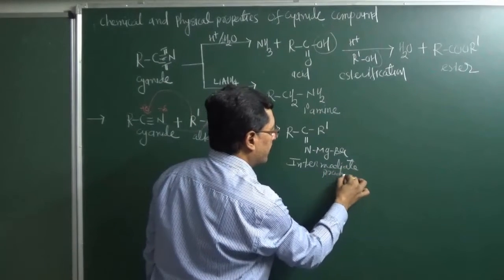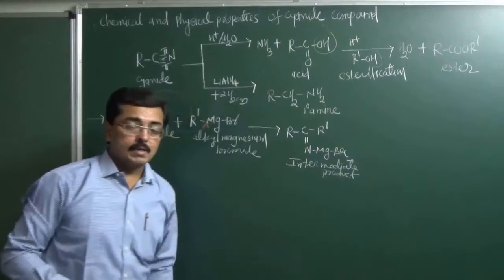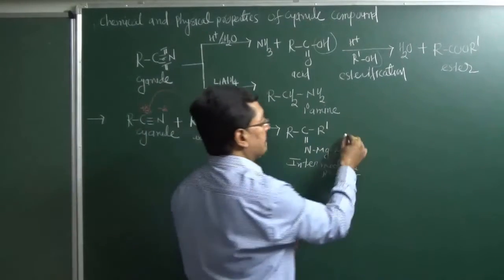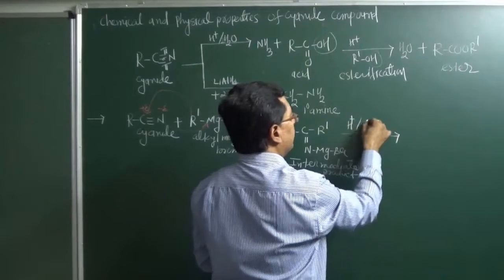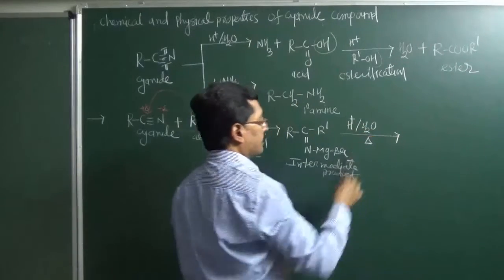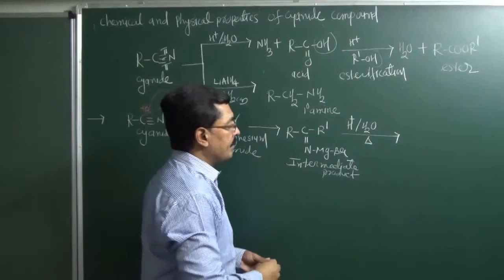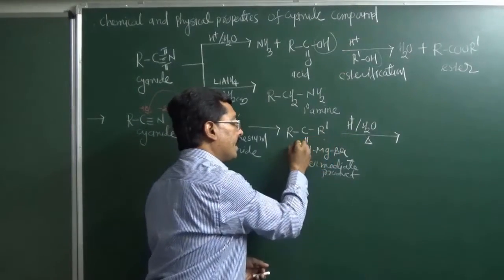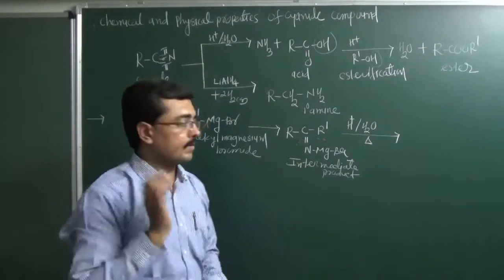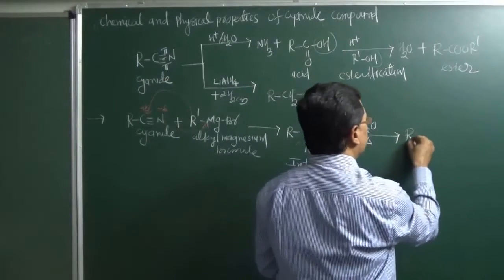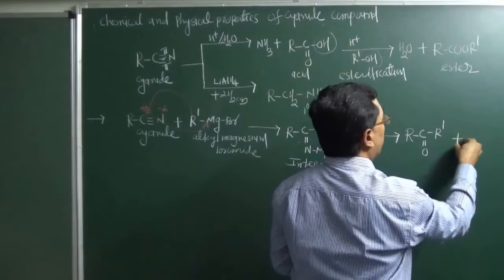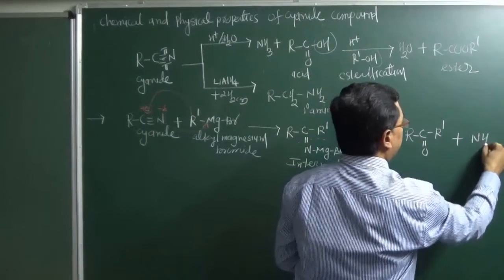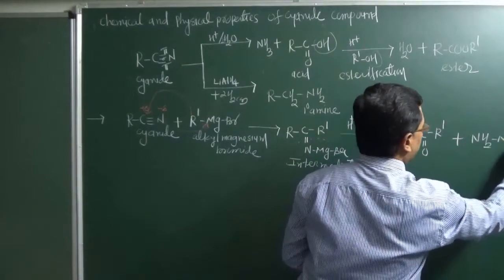Now whatever intermediate product is obtained, this will undergo hydrolysis in the presence of acid. Now suppose in the presence of acid, when we have carried out hydrolysis, then hydrogen will be added on nitrogen and oxygen will be added on carbon. So when hydrolysis is done, we will get RC double bond OR dash and we will get NH2 MgBr.